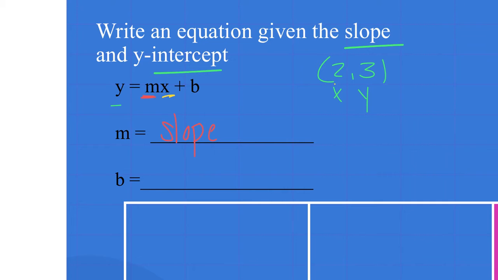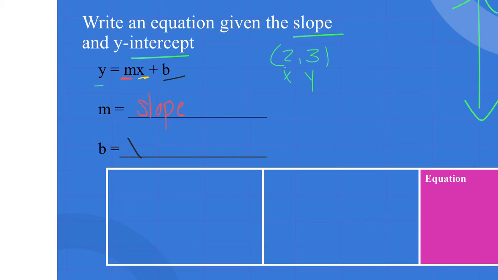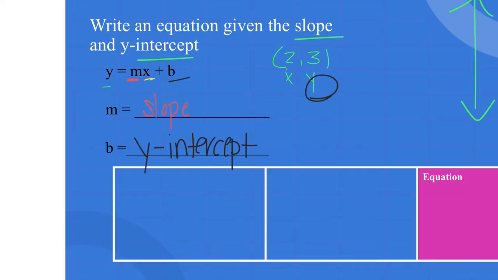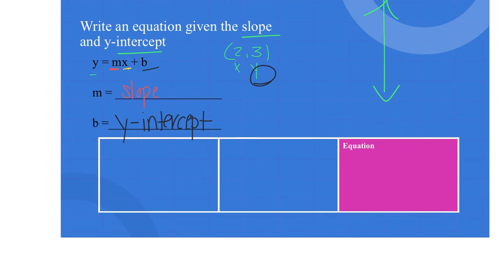But then this b right here is our y-intercept. So it's not necessarily the y here. It's the y-intercept where the line crosses through that intercept. So that's what m and b in the equation actually stand for. So we're going to look at some boxes.